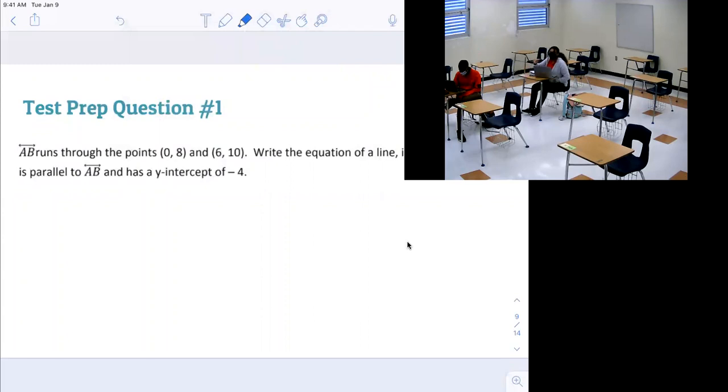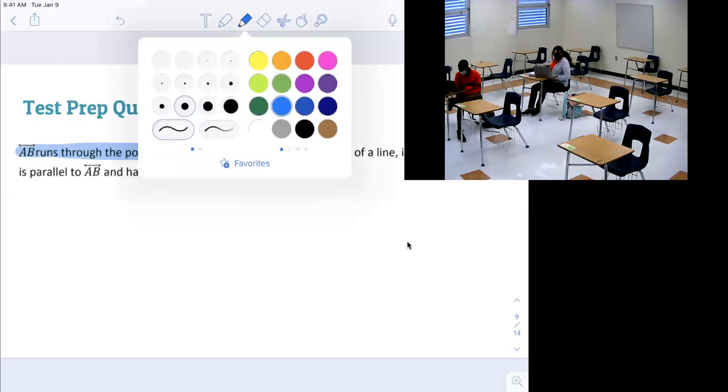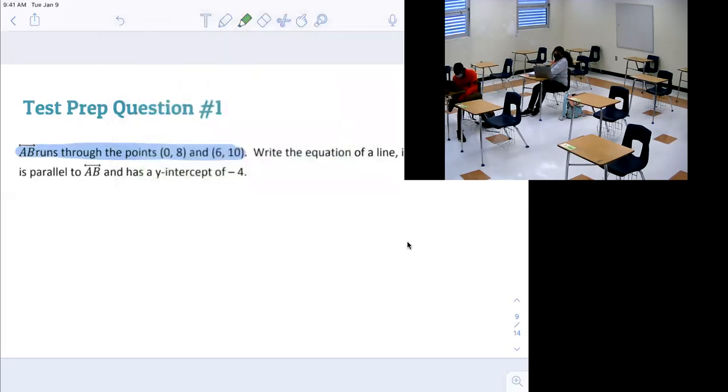So I'm going to highlight a couple of things. I know that AB goes through these 2 points. I know that I need to write a new equation for a line that is parallel to AB and has a y-intercept of -4.